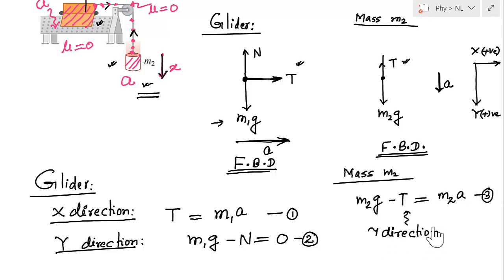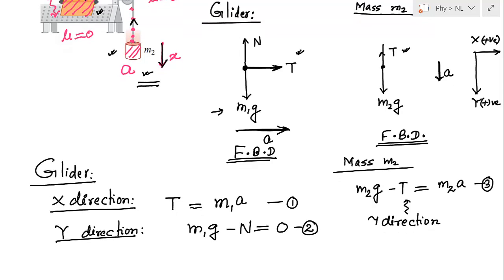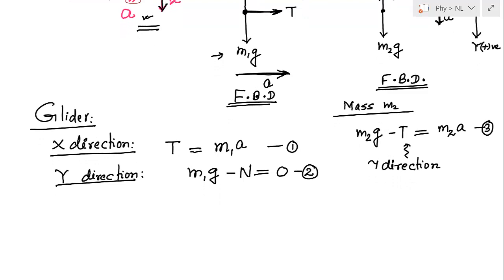Now for mass m2 there is no point in writing an equation in the x direction, because in the x direction there is no force and there is no acceleration. This means this is simply 0 equals 0. Now I can solve these equations.